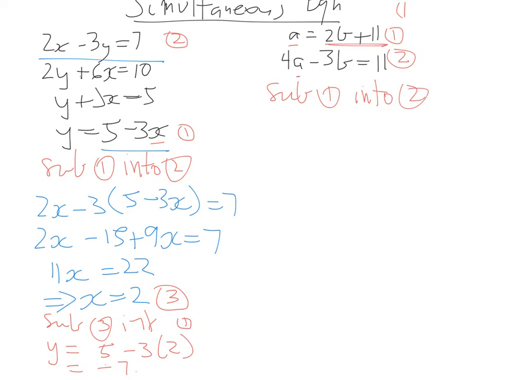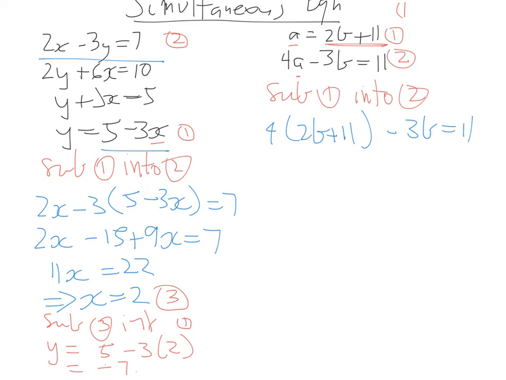So I'm going to say 4, open bracket, 2b plus 11, close bracket, minus 3b equals 11. So this becomes 8b.